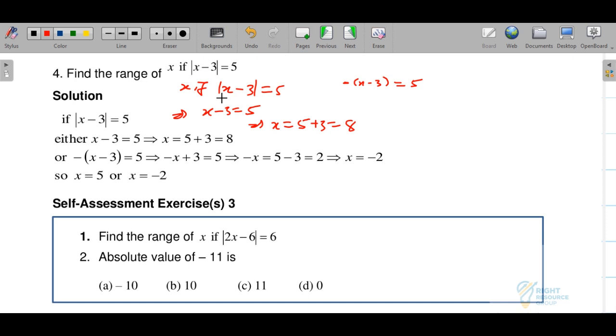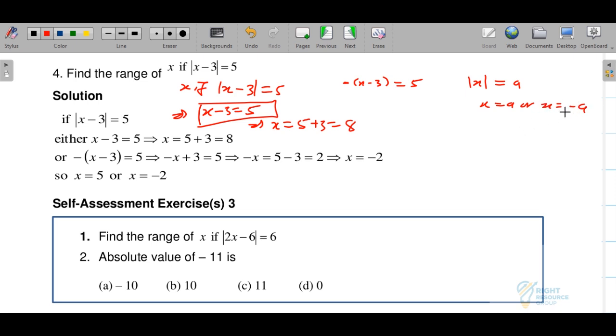So remember what we said, the answer is going to be in two forms, right? Either you take the positive of this directly, or the negative. Remember when we said the absolute value of x equal to a means that x is equal to a or x is equal to minus a, right?